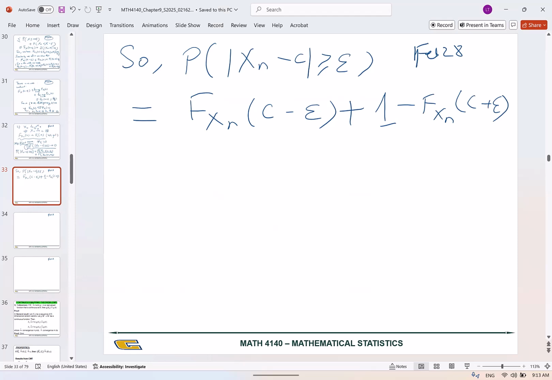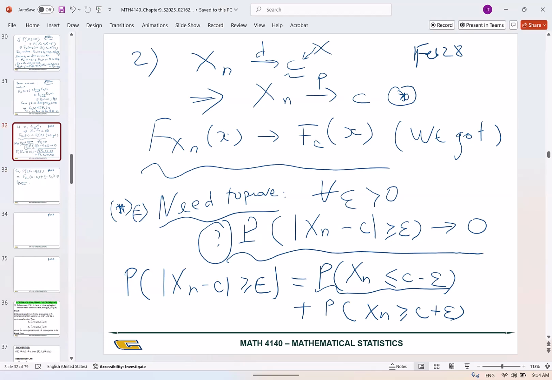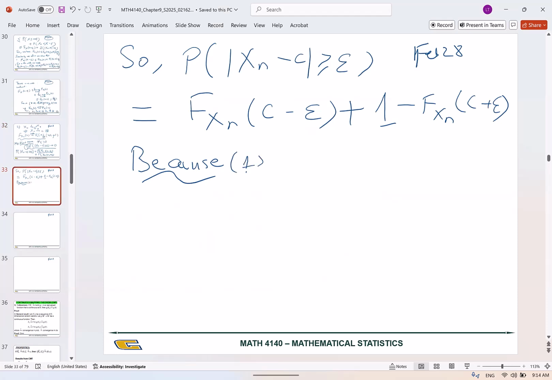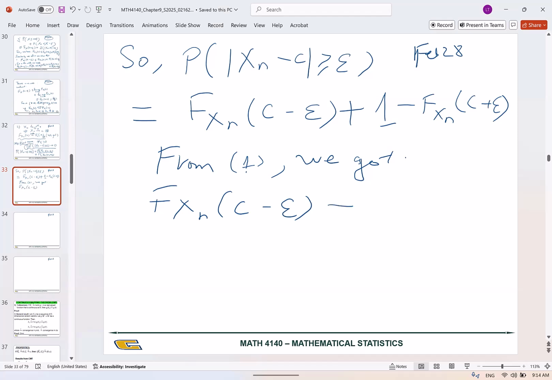And because of what we had from the convergence in distribution, Fxn(C minus epsilon) will converge to Fx(C minus epsilon).